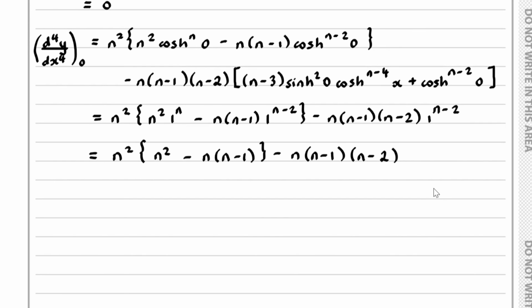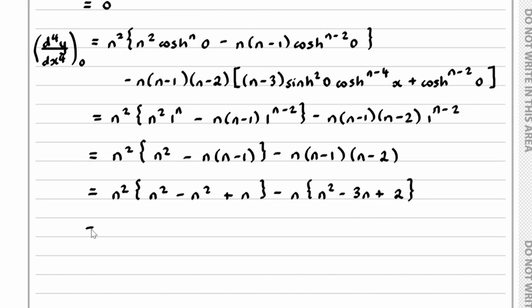So if we work this out, I've got n squared times (n squared minus n squared plus n), subtract n times (n squared minus 3n plus 2). So I have n squared times n, subtract, and if I expand along here, n cubed minus 3n squared plus 2n.